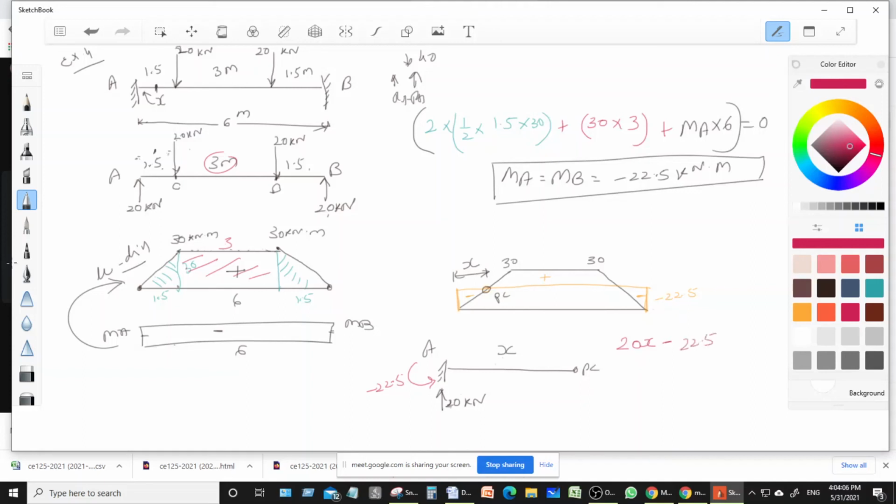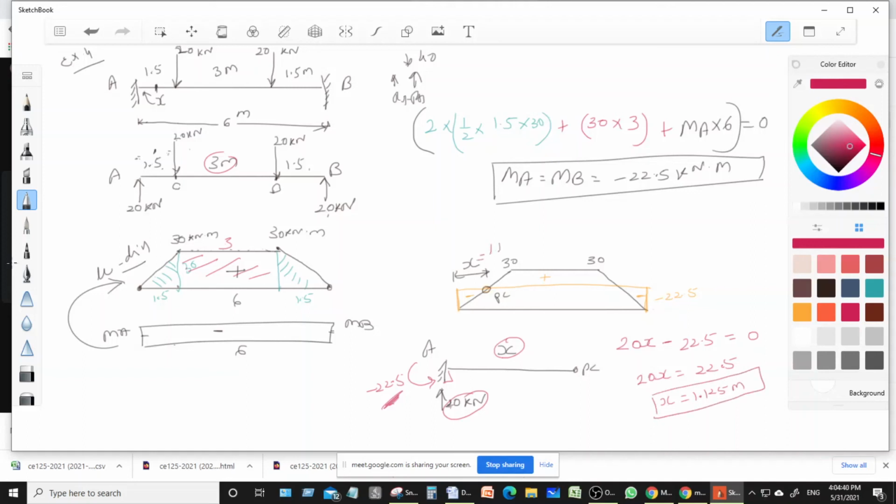So force into the perpendicular distance, that is x, and the moment of resistance at support, that is equal to 0. So 20x is equal to 22.5, right? So your x will be 1.125 meter.